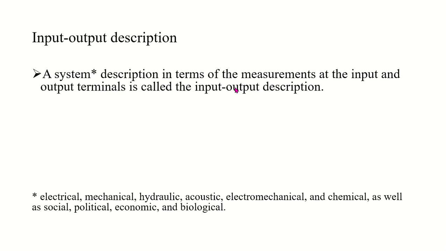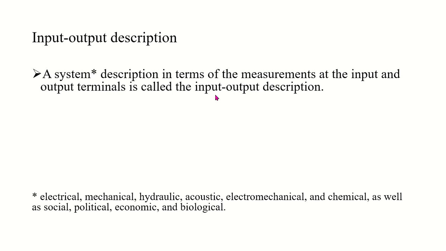So when we talk about input-output description, we are concerned with the type of input that we are giving to the system and the output that we are taking from it. This type of description will not talk about the parameters inside the system or any knowledge related to anything inside the system.